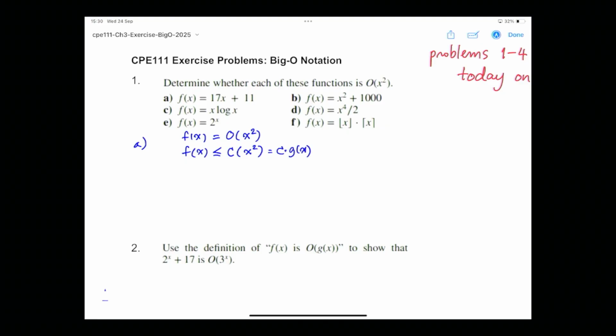For the first problem, f(x) is 17x plus 11, less than or equal to... Look at the term which has the highest value, that's 17x. And then 11, we could even make it like 11x. This is true when x is larger than 1, so we have 28x.